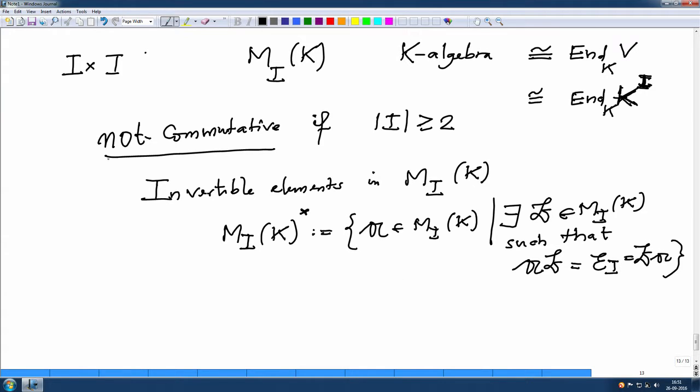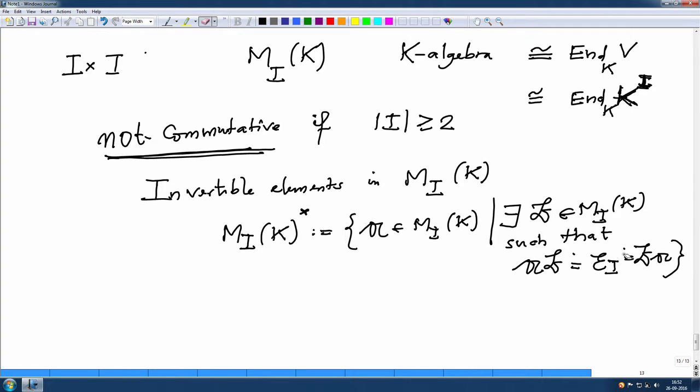And because it is a non-commutative algebra, both these equations are necessary, because we do not know whether this is commutative or not. So, both the equations are important, we cannot say only one equation. In the commutative case, one equation is enough, because the other equation is a consequence of the commutativity.